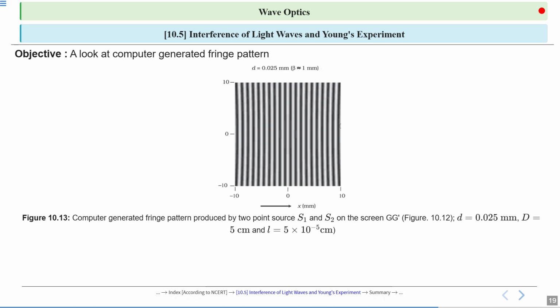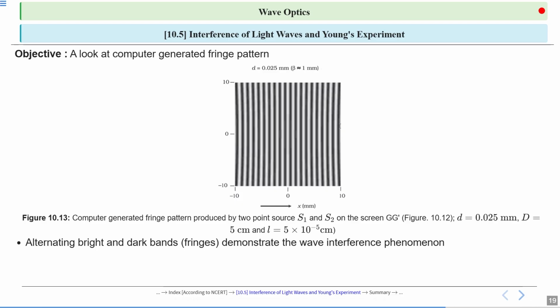And one thing to note, the actual fringe shape in Young's double slit experiment is parabolic. It is not exactly rectangular strips. It is slightly parabolic, that means slightly curved. It is not exactly straight.